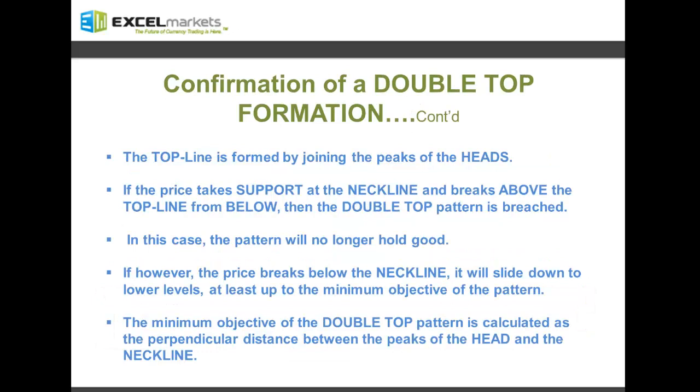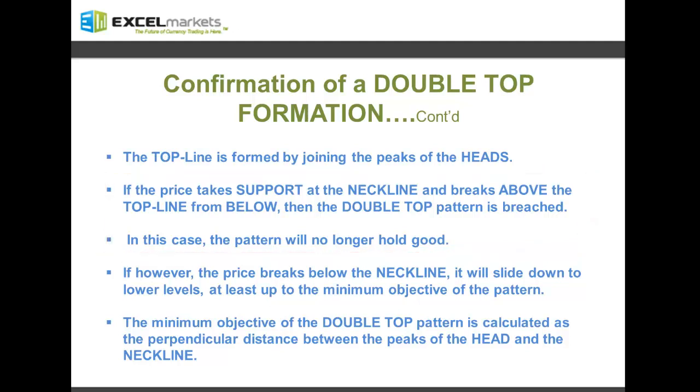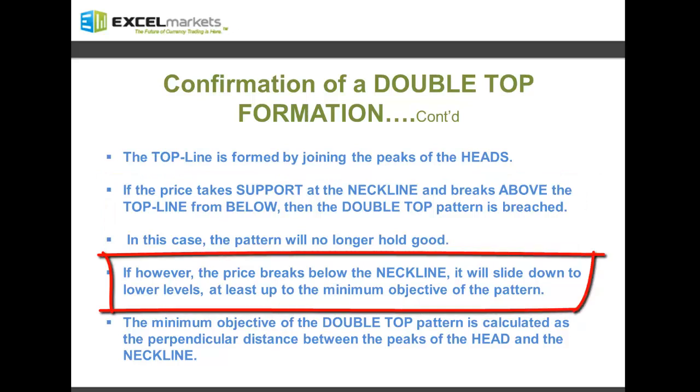The top line is formed by joining the peaks of the heads. If the price takes support at the neckline and breaks above the top line from below, then the double top pattern is said to have been breached and will no longer hold good. If, however, the price breaks below the neckline, the pattern is said to have been triggered and it is considered a sell signal.